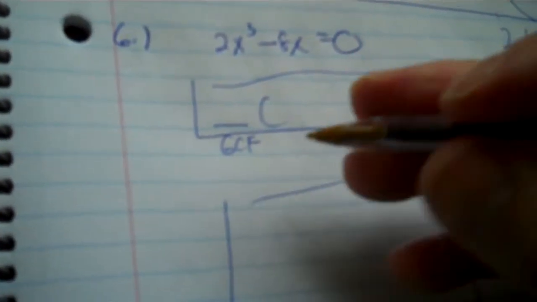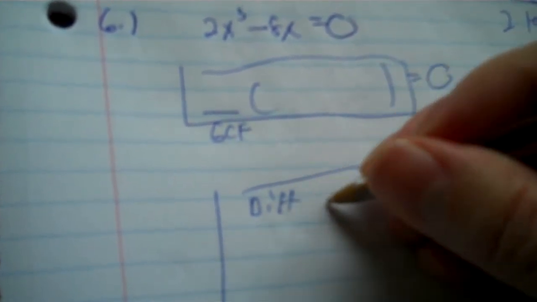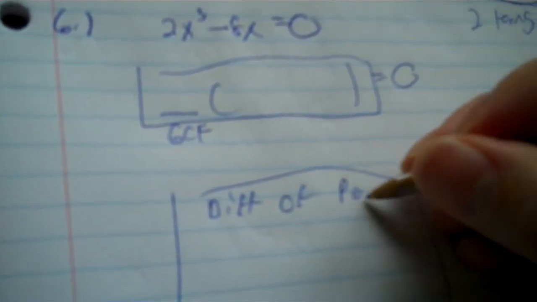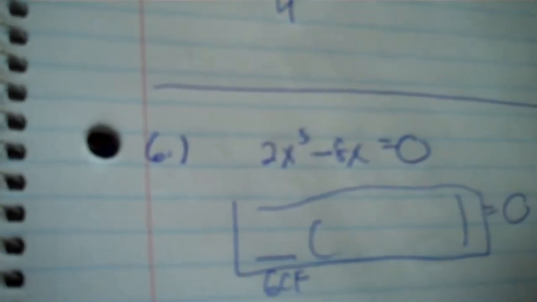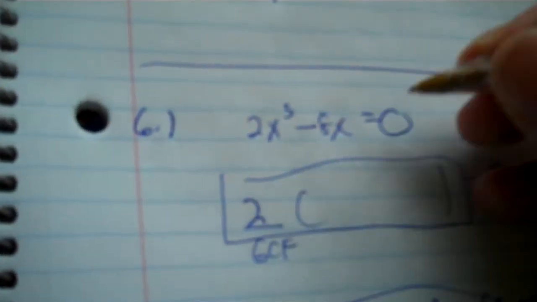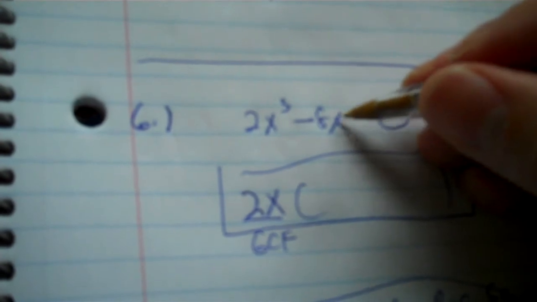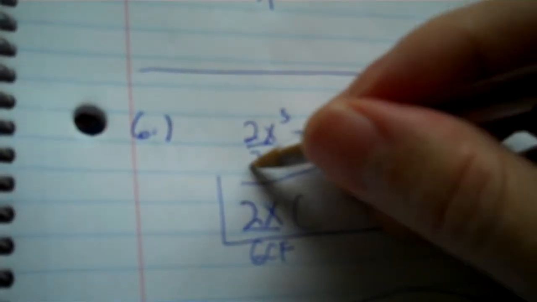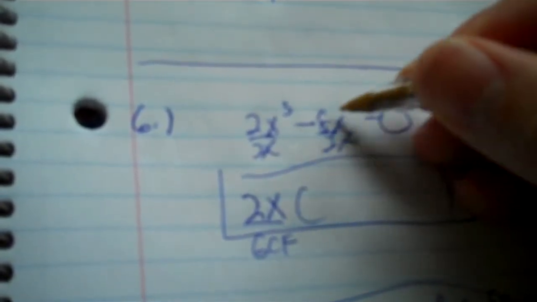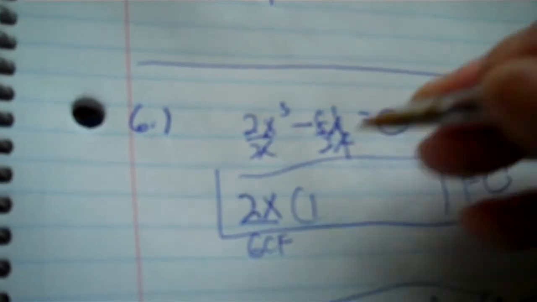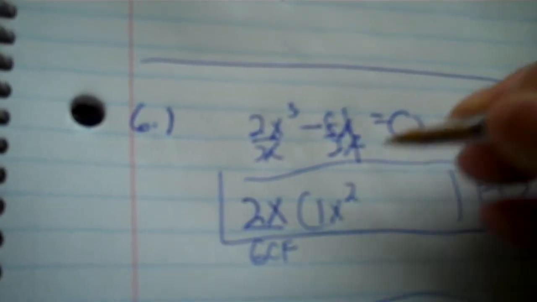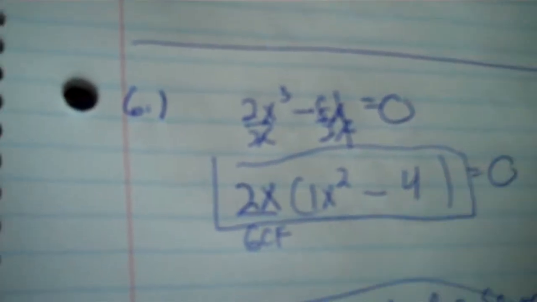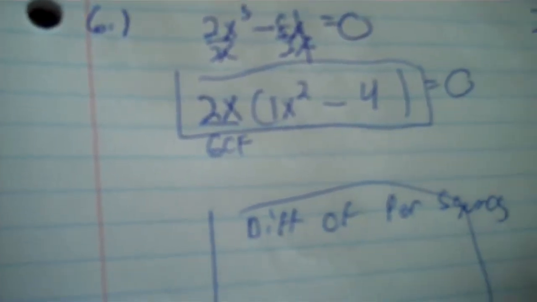Then we see if we have difference of perfect squares. Okay, so 2 and 8, you can do a 2, and you can also factor out an x, because then that x goes away at the end. So 2 divided by 2 is 1. Now remember, it's x third divided by x, so that'll be x to the second minus 4. Now what do you do on difference of perfect squares?